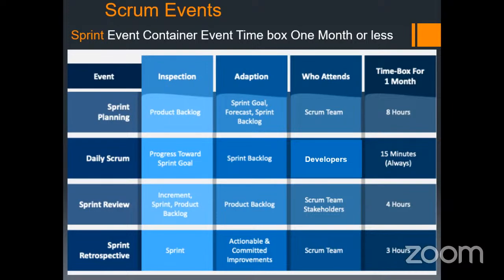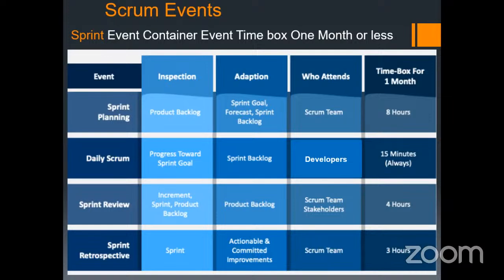Then the next event is the sprint review. Now here, what artifacts are inspected? The increment and the product backlog. Once the increment is done, the developers have developed the feature which they are expected to develop. Whatever task is done by the developers will be presented to the stakeholders by the Scrum team.